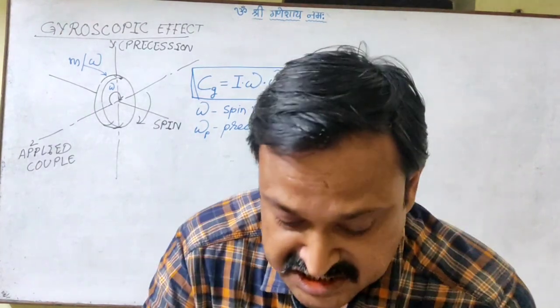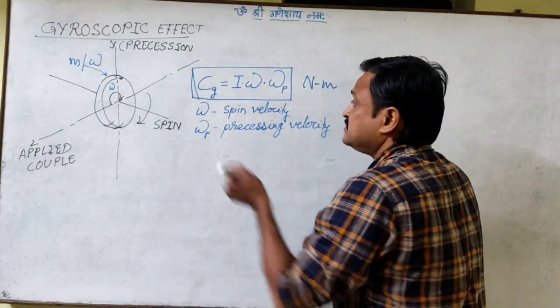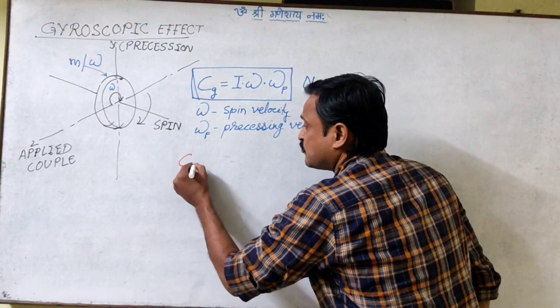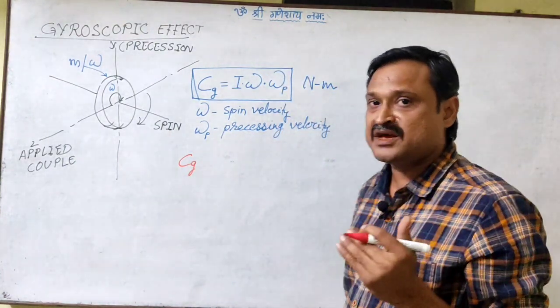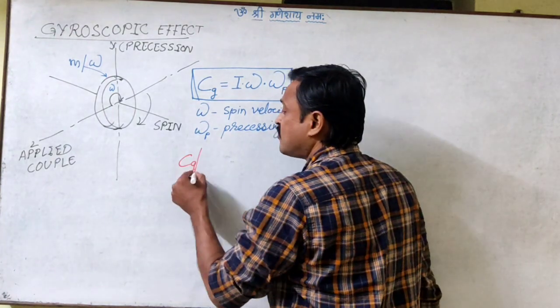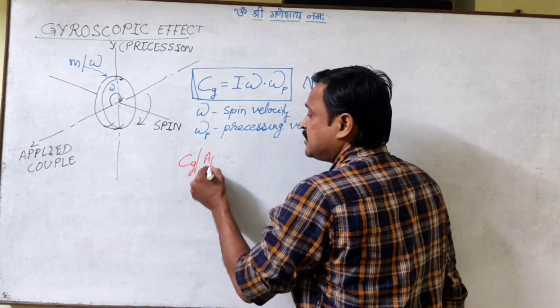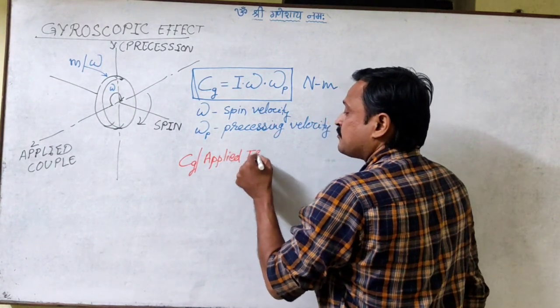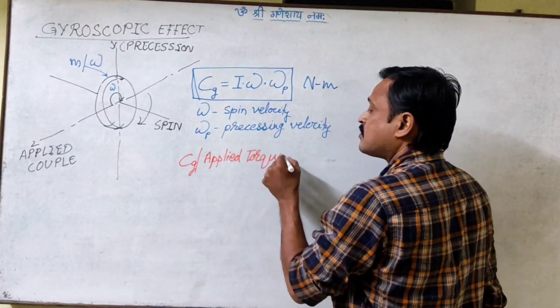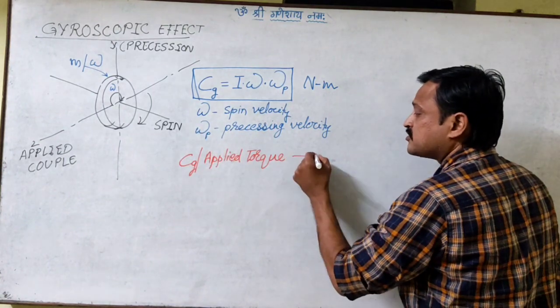So the conditions where I see that the gyroscopic couple, or instead, now I will not call it a gyroscopic couple, rather I will call it the applied torque or the couple or the moment.